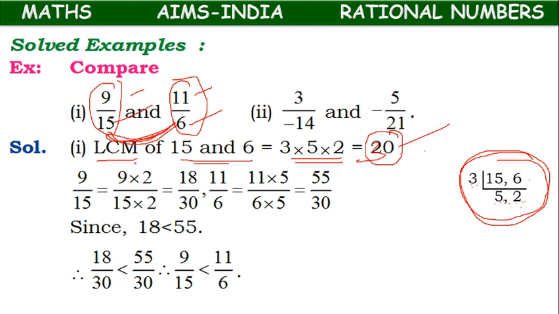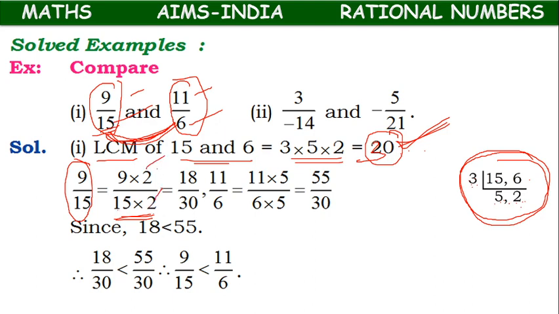So first we have found the LCM. Now denominators are to be changed to the LCM. Here we have 15, but we want to make it 30. So we have 9 by 15. How to make it 30? By multiplying with 2. But if you multiply only the denominator, the value will change.